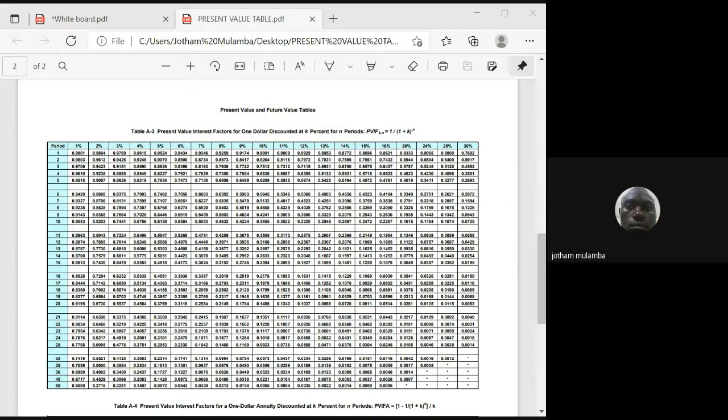Then for year 2, we still use the same process. For year 2, we still use the same process.